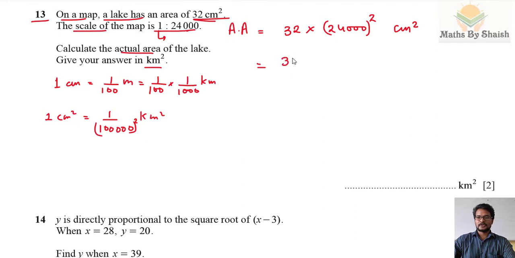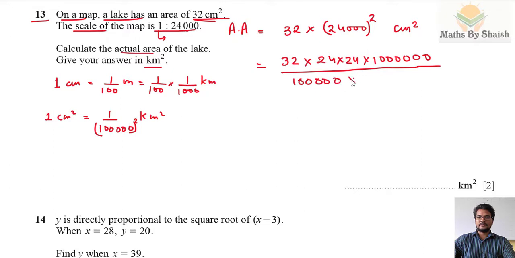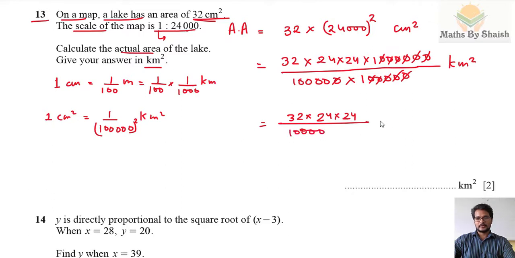So it is 32 into 24 into 24, and there are 3 zeros in each 24,000, and we divide by this whole square, that is 100,000 multiplied by 100,000, and then it becomes kilometers. So for the actual area, the zeros get cancelled, and we get the answer as 32 into 24 into 24 upon 10,000, and we can calculate this from the calculator.